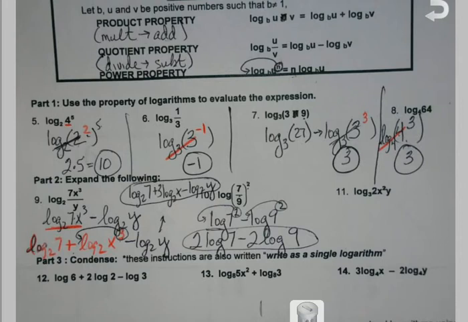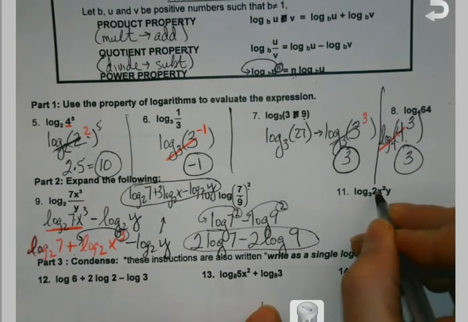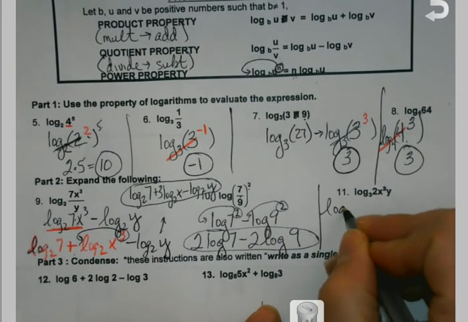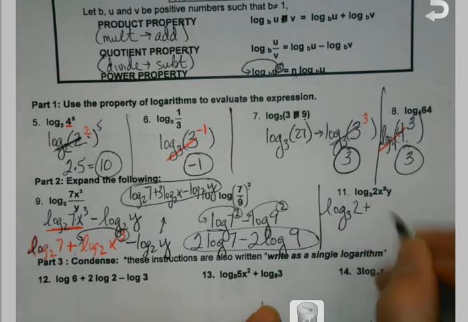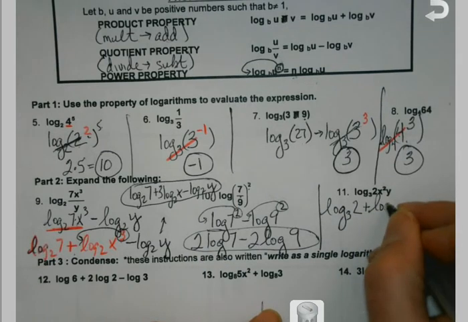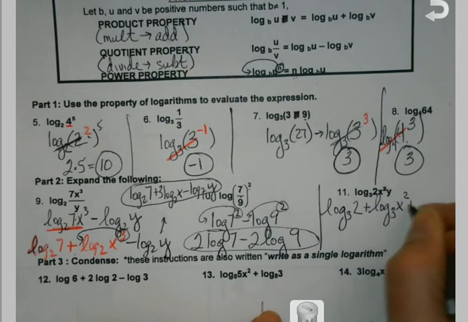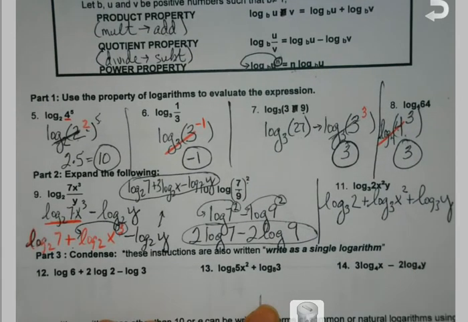So, every time, lots of multiplication. So 2 times the x squared, and then times the y. So I got the 2, and then the plus breaks up into another term, which is x squared, which breaks up into another term, which is y.